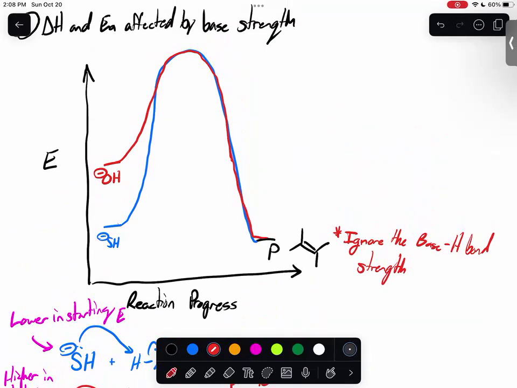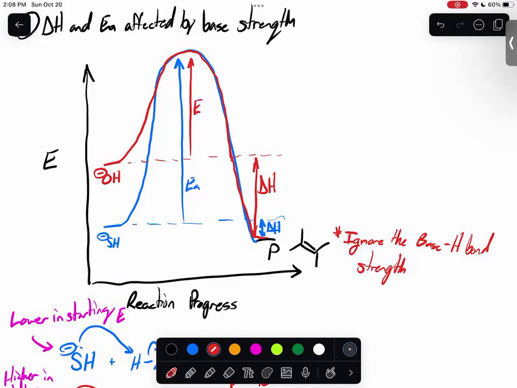So automatically we can see that if we're just drawing some lines from these, we see that the delta H for the blue reaction is relatively small, and the EA, the activation energy, is huge. Versus for the red reaction, the delta H here is relatively high, and the EA has shrunk between that and the blue.